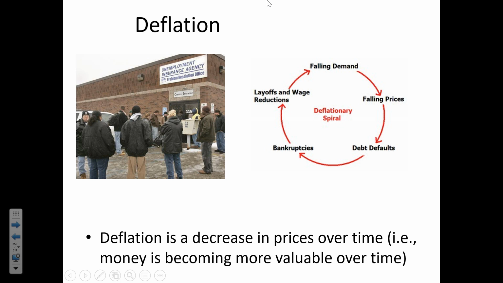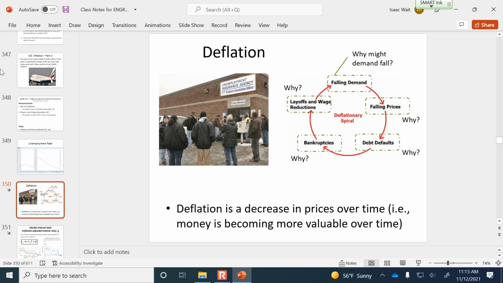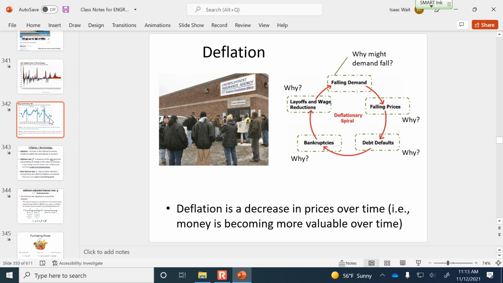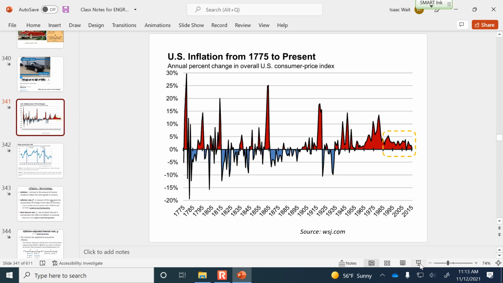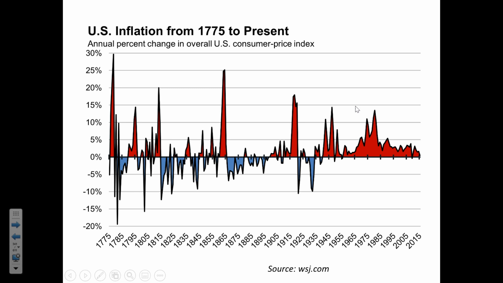So deflation is something to be avoided. And we looked at the graph from the modern economic age. The Federal Reserve Bank has been pretty effective in preventing deflation because it's so dangerous. Things seem to run better when inflation is between 1 and 2%.